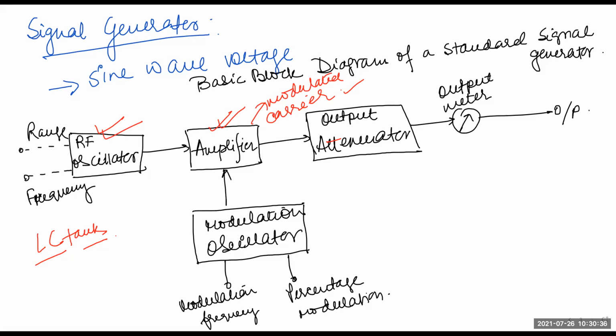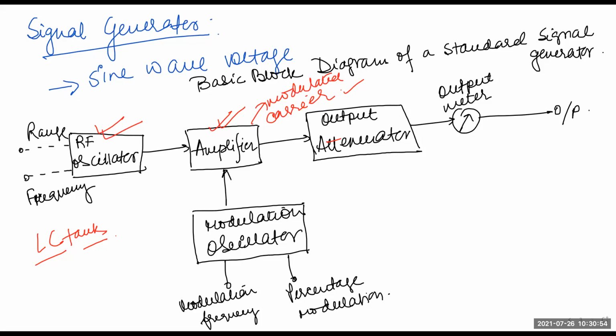Maybe some distortions are possible. Exact waveforms coming into the output meter is not possible. That is why we connect the attenuator, so that it reduces the power a little and prevents the waveform from being distorted.